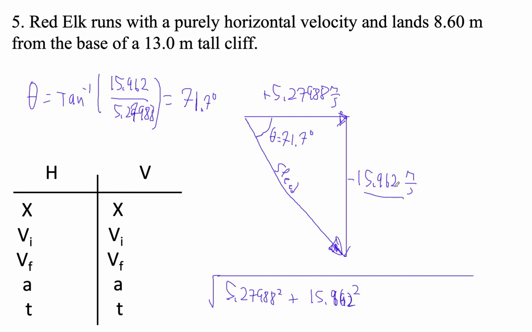Here we go. The square root of this guy. I'm using the arrow key on my calculator. That guy squared plus that one squared. 16.8. That equals 16.8 meters per second. That's the speed of the object.